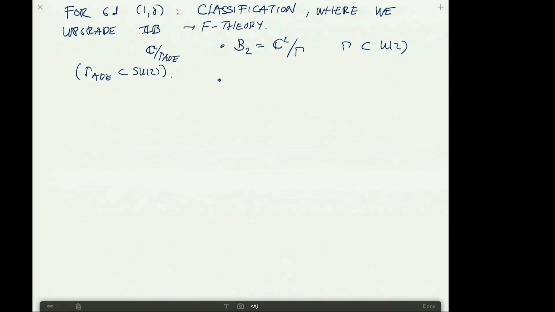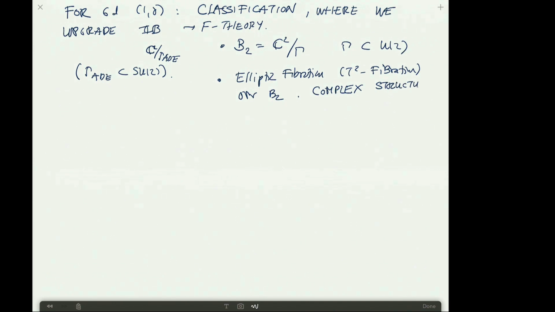There's also an elliptic fibration, so a T2 fibration, if you want, over B2, where the complex structure, the shape parameter tau of this T2, is given by the axiodilaton.